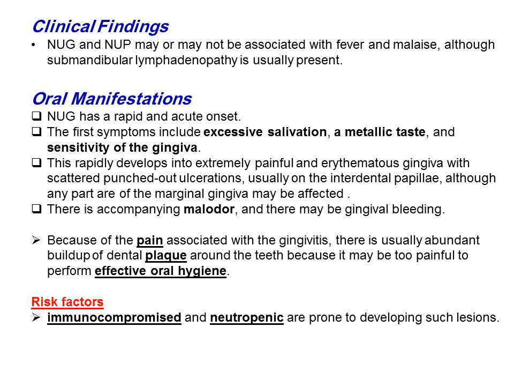The manifestation, as we said, is an acute and rapid onset of the condition associated with excessive salivation, metallic taste, and sensitivity of the gingiva as the first symptoms. It rapidly develops into extremely painful and erythematous gingiva with scattered punched-out ulceration, usually affecting the interdental papillae, and the marginal gingiva may also be affected. There is accompanying malodor and gingival bleeding.